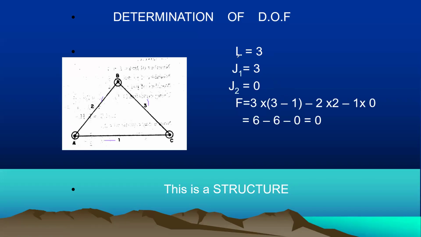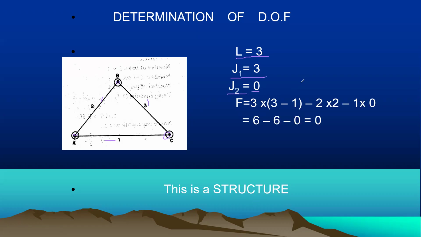So that means our L is 3. The joints with 1 degree of freedom are 1, 2, 3, meaning our J1 is 3. Joints with 2 degrees of freedom, we don't have any, so J2 is 0.